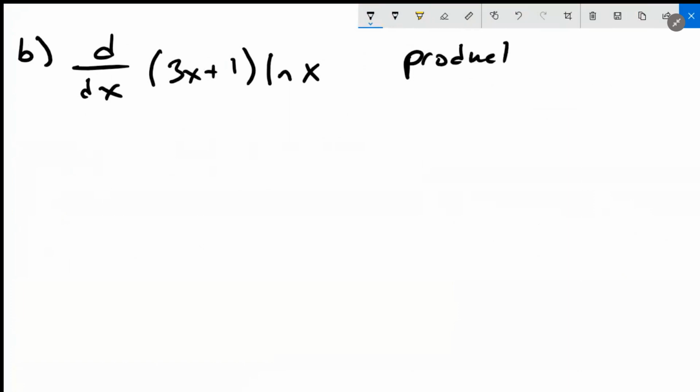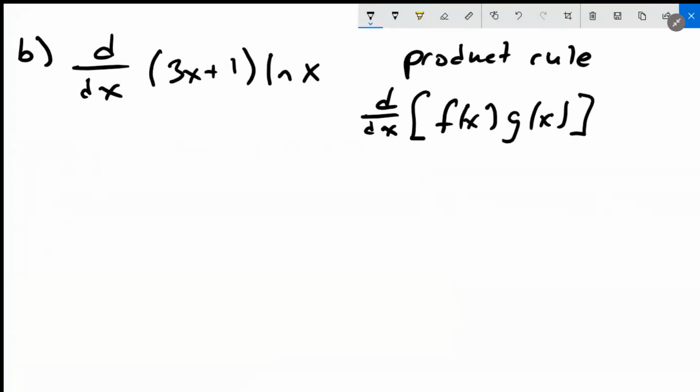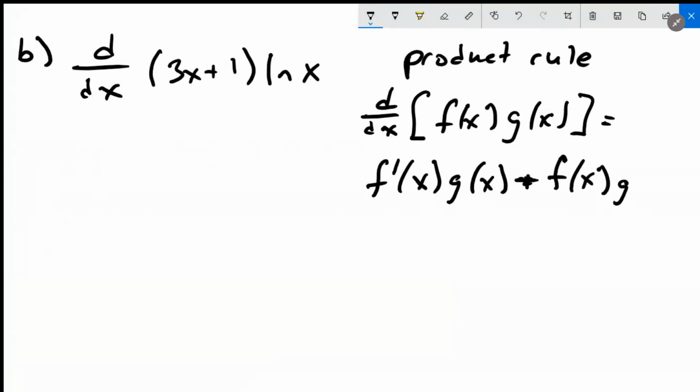So the product rule states that the derivative of f of x times g of x, or the product of two functions f and g, is equal to f prime of x times g of x, plus f of x times g prime of x.